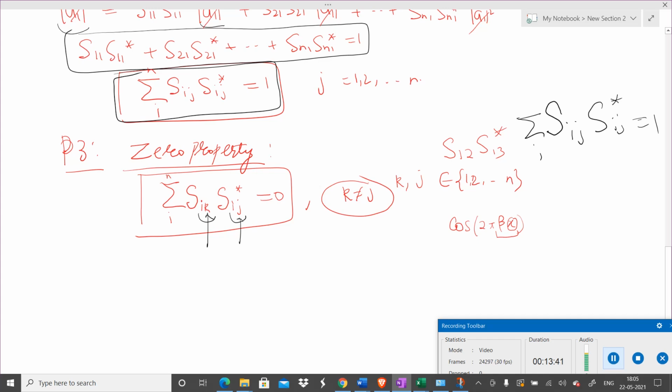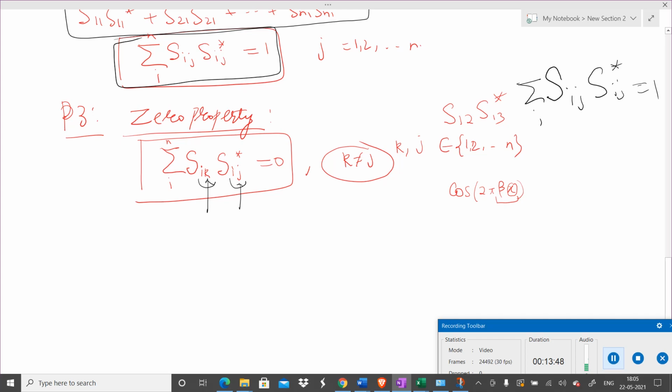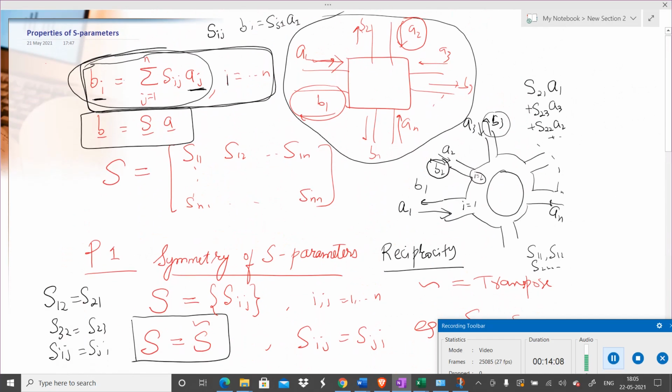I will not show its detailed proof. Rather, I will give you a simple intuition again. Suppose you have n ports, and through every port you have Ai as the incoming wave and Bi as the reflected wave. So at every port, as in this figure, you have A1, B1, A2, B2, A3, B3.